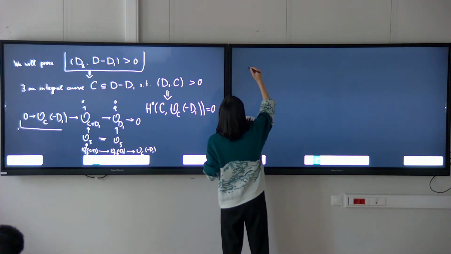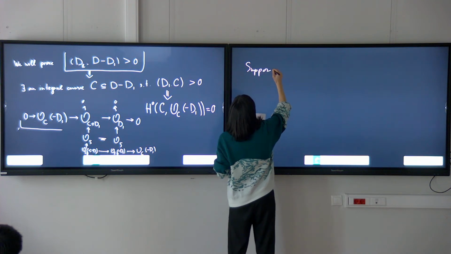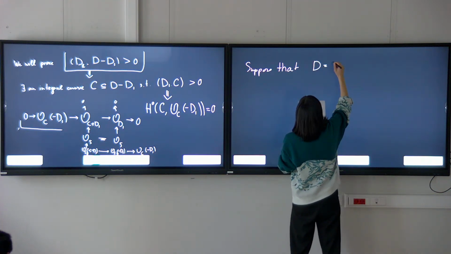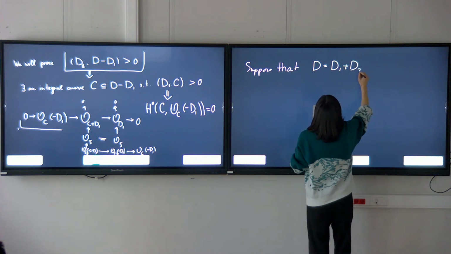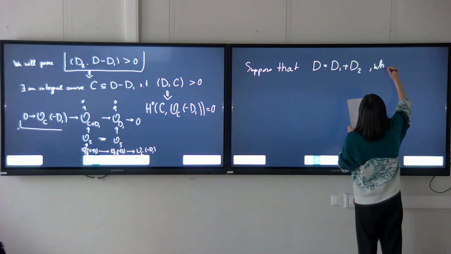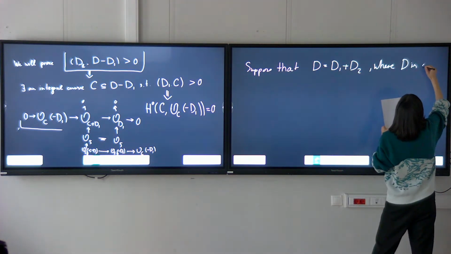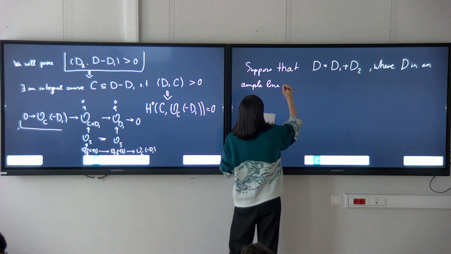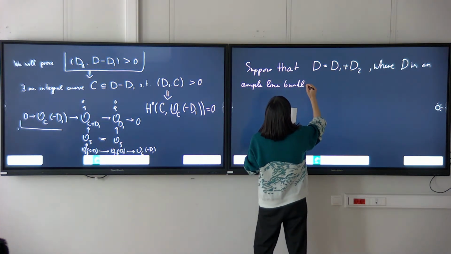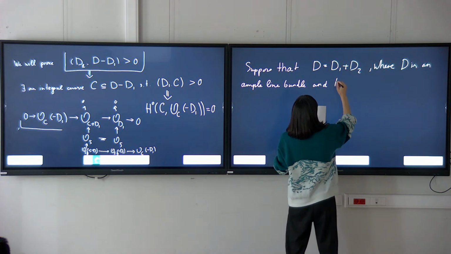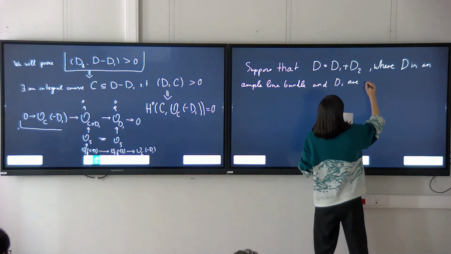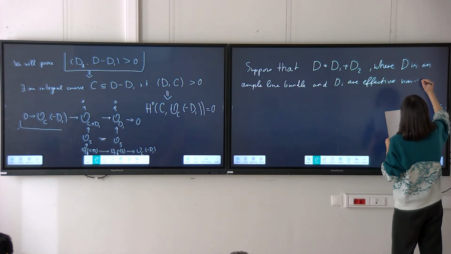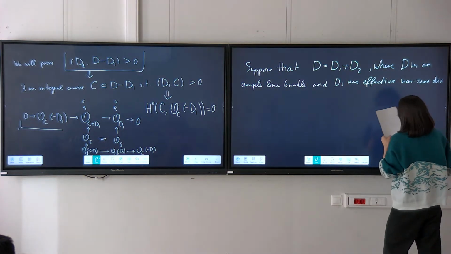So what we will prove? Suppose that we have an ample line bundle D and we decompose it into effective non-zero divisors D_i.